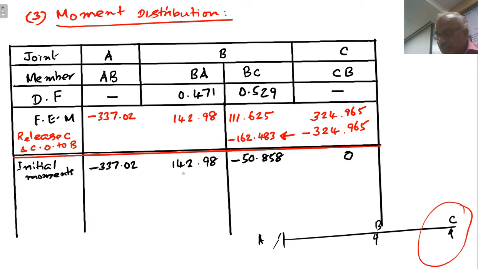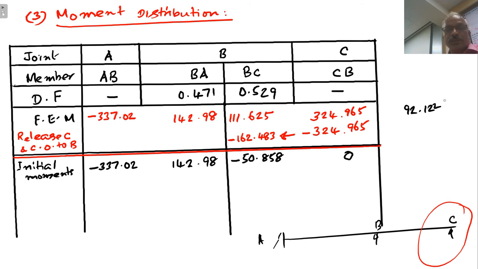Right. For making this equal and opposite, you add the two. When you add the two values, this is 142, this is minus 50, the unbalanced value will be 92.122. So the net value 142 minus 50 is the net value. Now this net value must be 0.